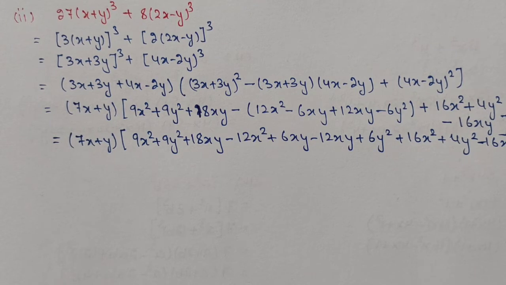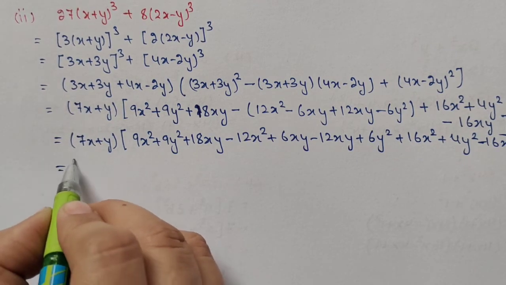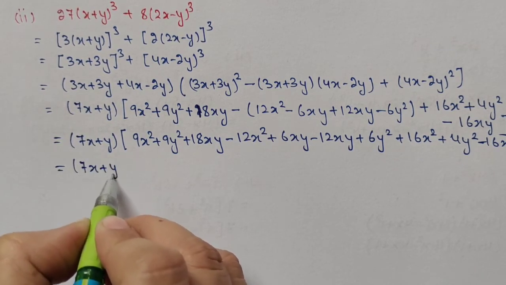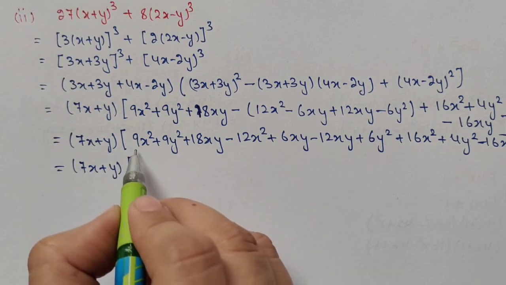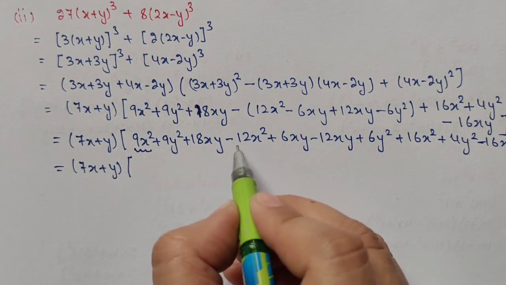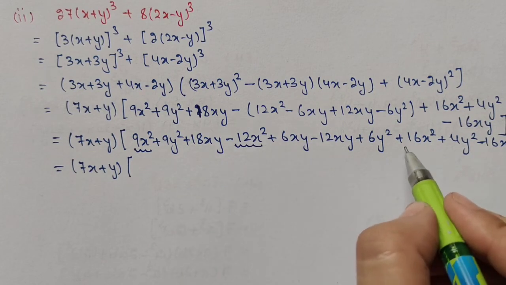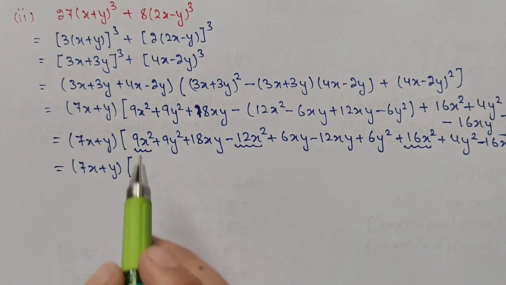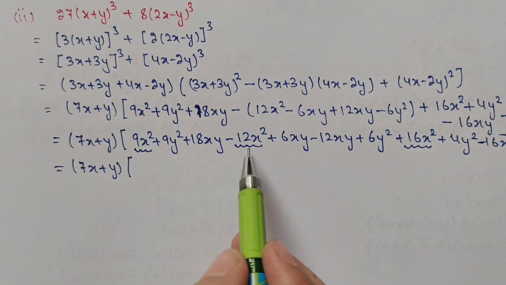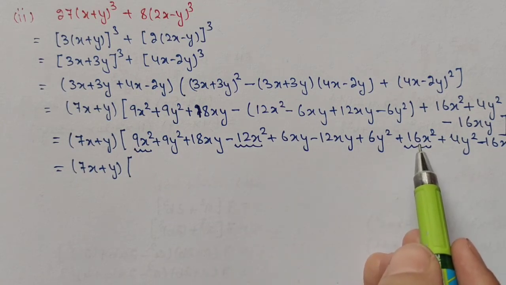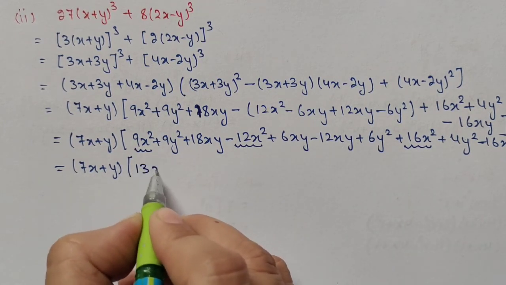Now we will simplify like terms. All x² terms: 9x² − 12x² + 16x². So 9 minus 12 is −3, and plus 16 means 13x².